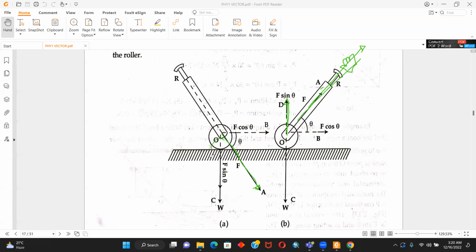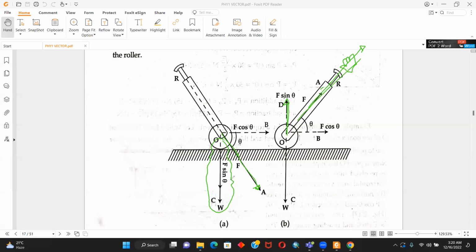That means W is the weight of the lawn roller, which is working exactly downward, and with it, F sine theta, the vertical component, is getting added. So we have to put more force to move it forward, because F sine theta is working against us and W is also working against us.